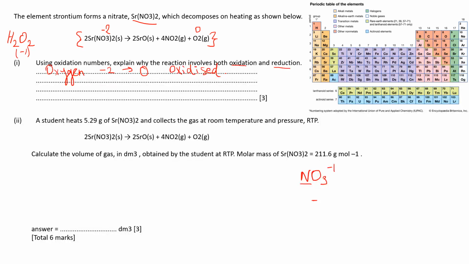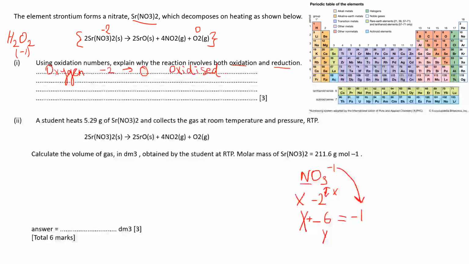We know oxygen is always -2, and nitrogen we don't know, so let's call it X. Oxygen, -2 times 3, gives us an overall of -6, and we need to add that to the oxidation state of nitrogen to get an overall charge of -1, like we see here.